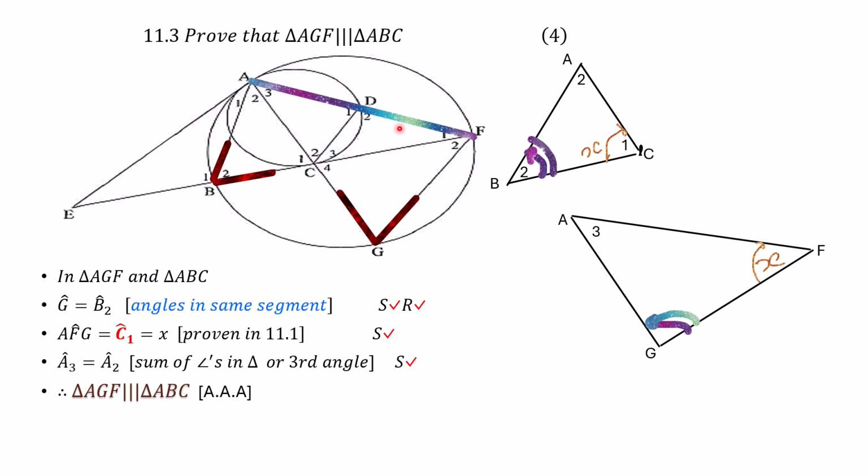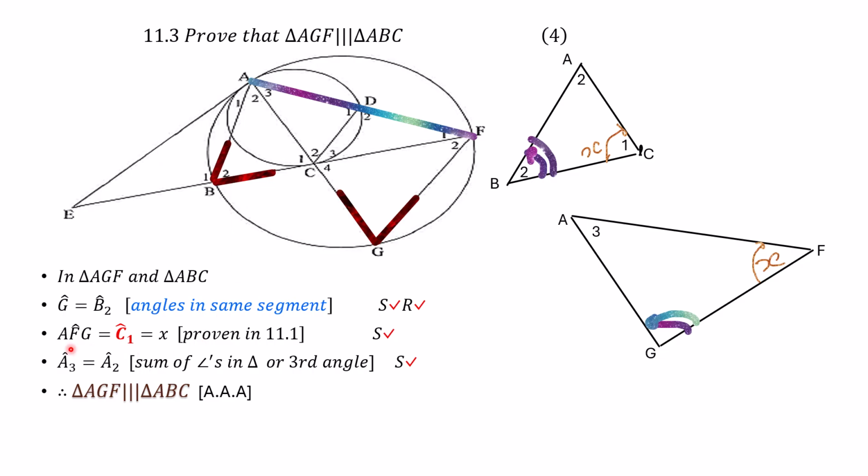Alright, so it's subtended by AF. It's resting on that line. If we go back, B2 goes to A and F, so therefore AF is also subtending B2. They are both in the bigger circle touching the circumference, so therefore B2 equals angle G. And we say angles in the same segment, right? So there, angles in same segment, so G equals B2, statement and reason. Alright?